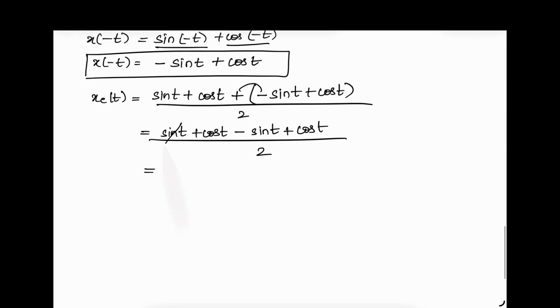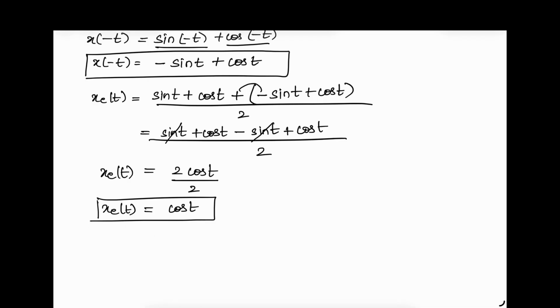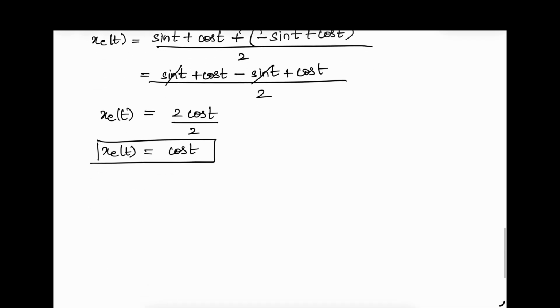Sine and sine get cancelled. It becomes 2 cos t divided by 2. So x even of t, this in turn can be written as cos of t. So what is x even of t? X even of t for this question becomes cos of t. Now let me go for the odd.